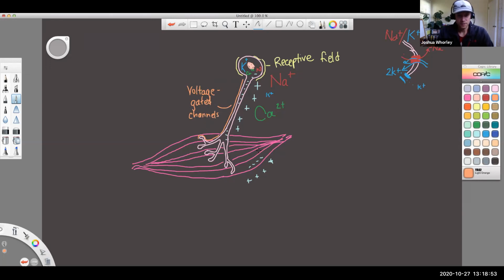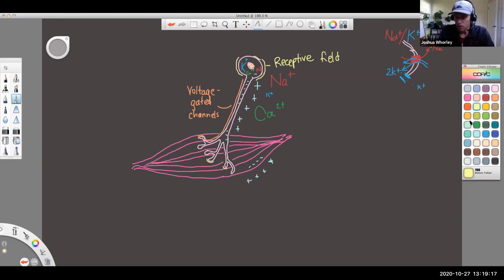So we'll see that the same thing more or less is true of muscle cells, in that right along here is the receptive field of the muscle cell. This is where you would have gated channels responding to a chemical signal.